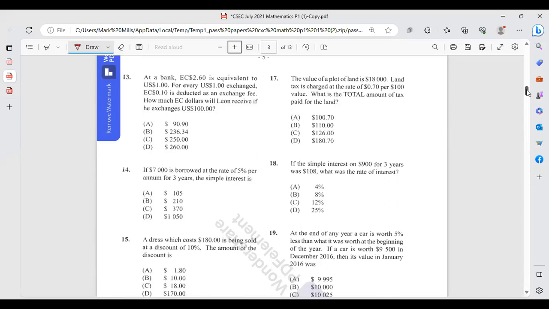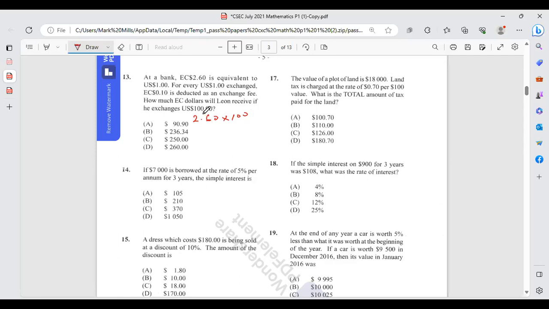How much EC dollar will Leon receive if he exchanges US $100? What will I do? Anyone? EC $2.60, yes.